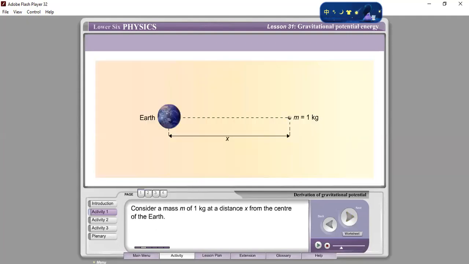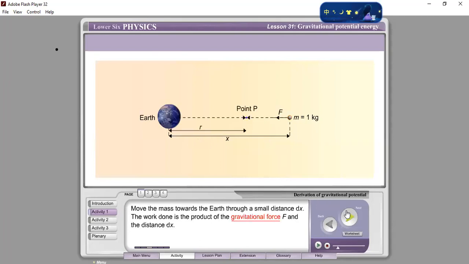Consider a mass m of 1 kilogram at a distance x from the center of the Earth. Move the mass towards the Earth through a small distance, dx. The work done is the product of the gravitational force F and the distance dx.